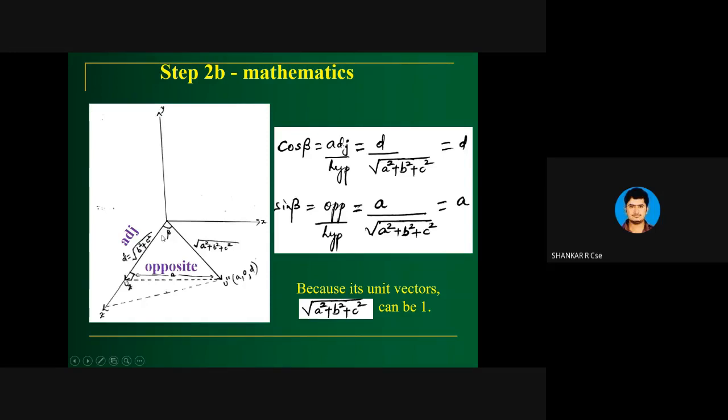Let us say this beta is 50 degrees. The common sense is, u double dash, you can imagine this distance as, let us say, 2 kilometers. Now this 2 kilometers axis, you should rotate 50 degrees anti-clockwise.